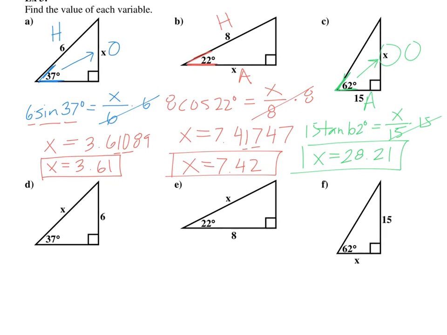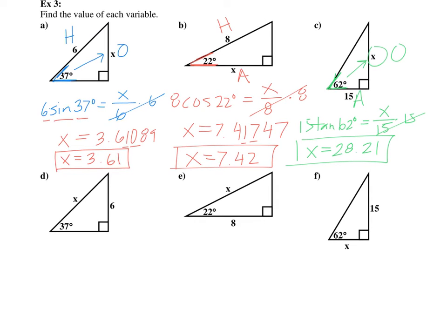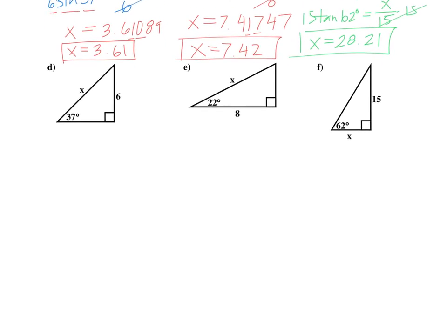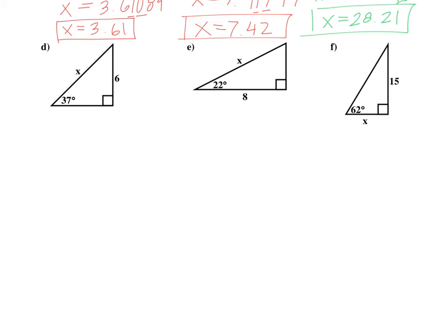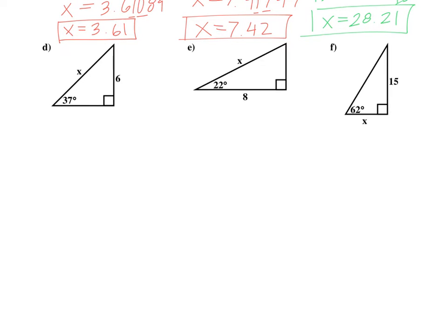All right, so notice that x was always in the numerator position every time we set up the ratios. We're going to have a different scenario in these examples. So here I have the opposite side, and I need to find the hypotenuse. So I have sine of 37 degrees is equal to 6 over x. All right, how do you get x by itself? Well, first thing you have to do is multiply by x on both sides.